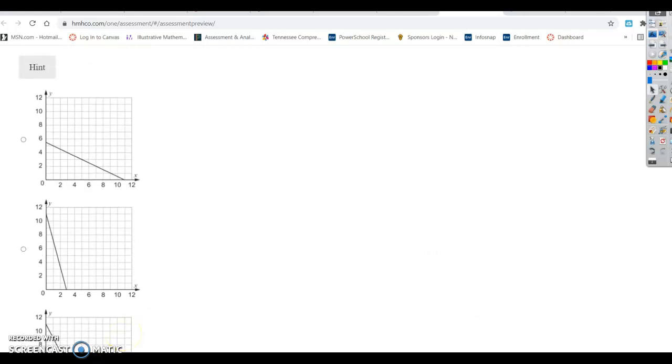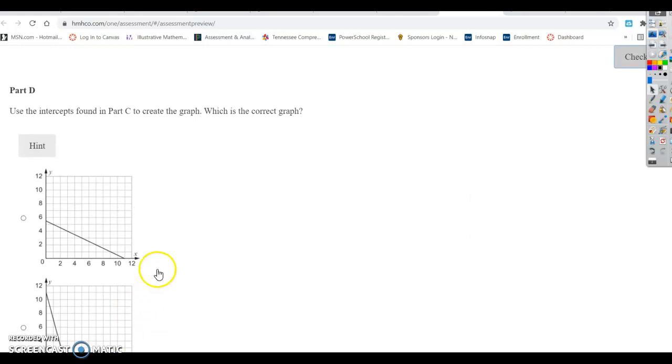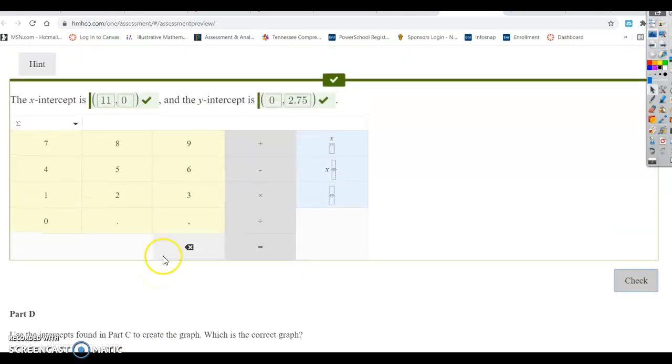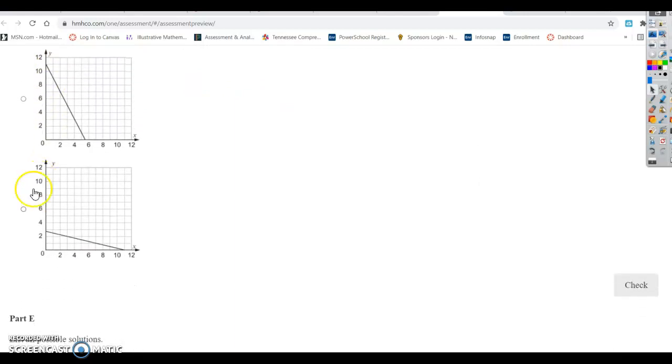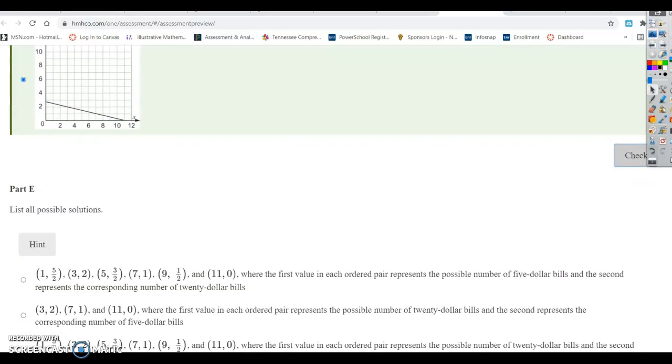So it's got to be the first one or the last one using just the first intercept. The y-intercept is 0, 2.75. This one's above 5, so it can't be that one. So it should be the last one. Does this one look like 2.75? It's at 11, 0 and 0, 2.75. So that is how we match up the graph using the x and y intercepts.